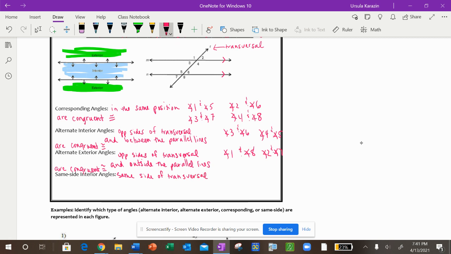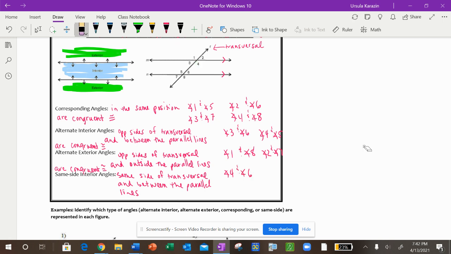And then they're interior, so they are between the parallel lines. So if we look here, angle 4 is on the inside, and angle 6 is on the inside and also to the right. So they're same side interior.